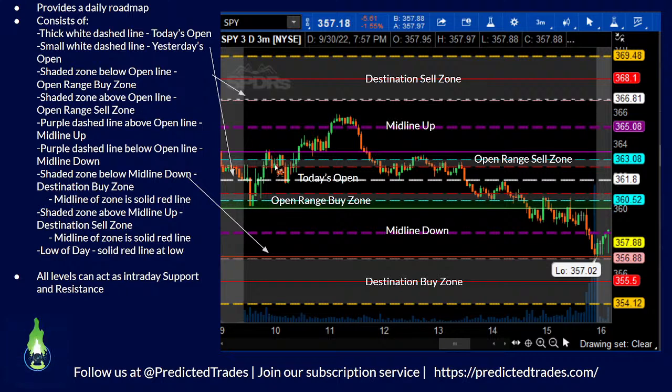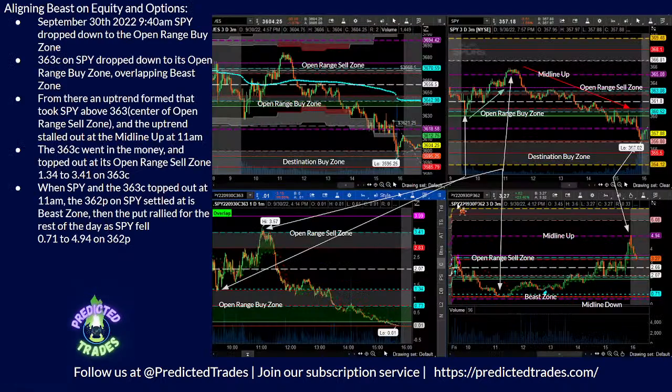Market makers, big money algos, they all kind of react in certain areas every day on your equity and your options charts. A lot of us do our technical analysis on the equity, and we base our options trade off of those levels from our technical analysis. The point of this system is now you have key levels on your options chart just like you would on your equity chart.